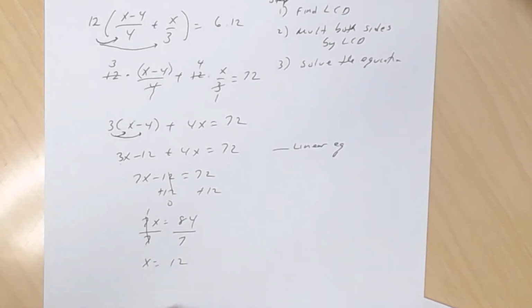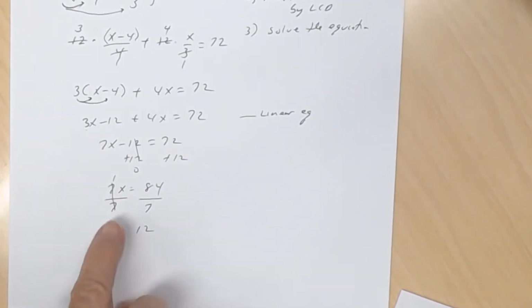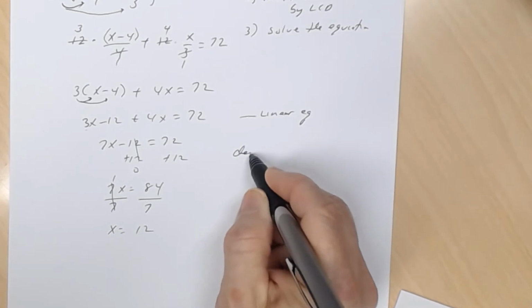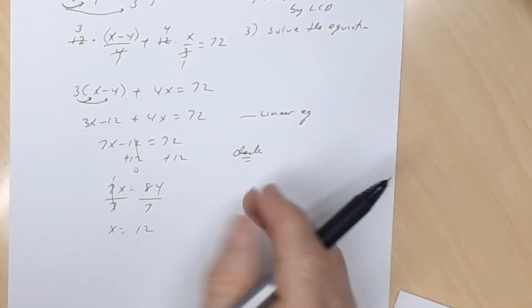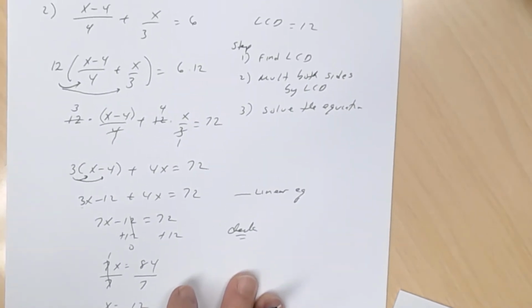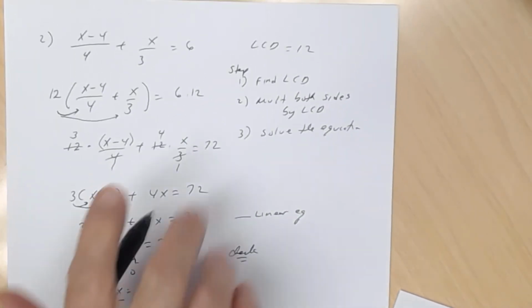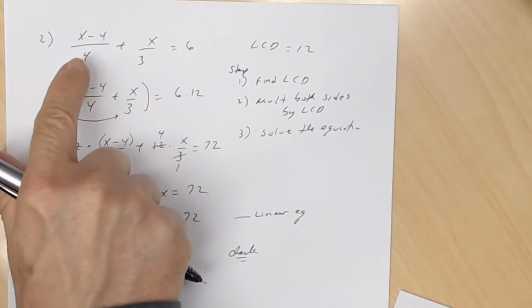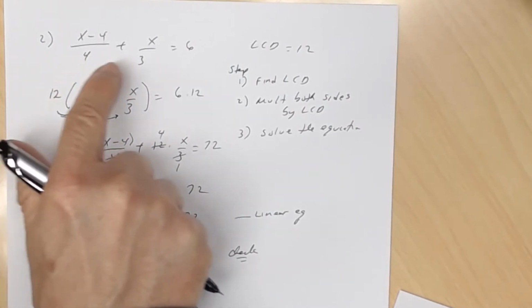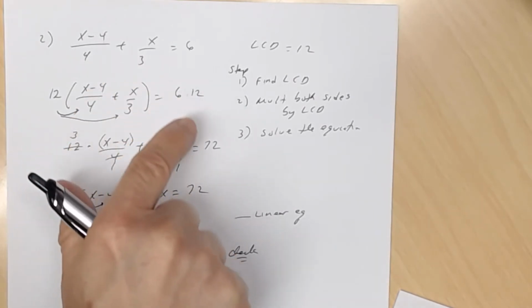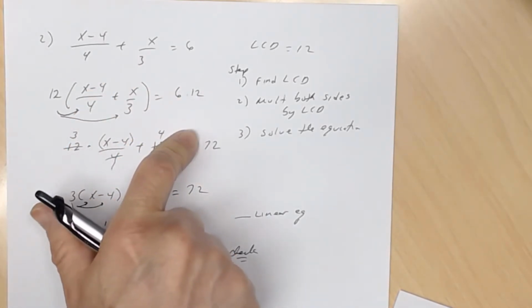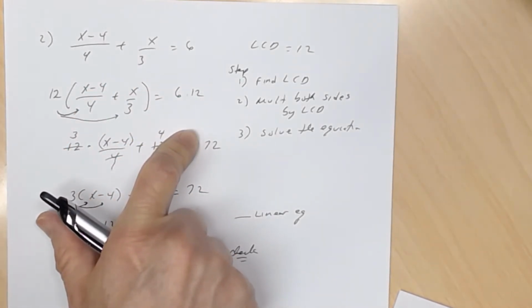Okay. Now, let's go ahead and check this. Now remember, on a test, you're not going to have time to check the solutions where you have monomial factors, where the monomial factors are constants. In a little while, though, you are going to see that there are situations where you will need to check.